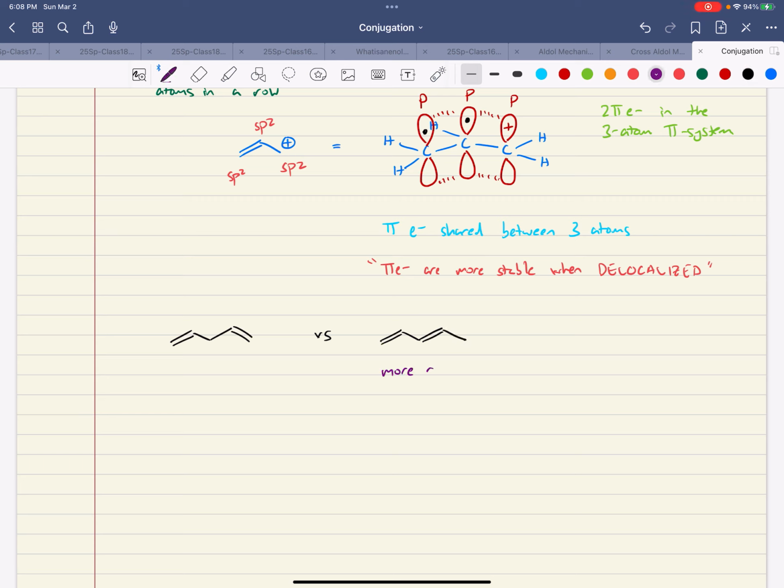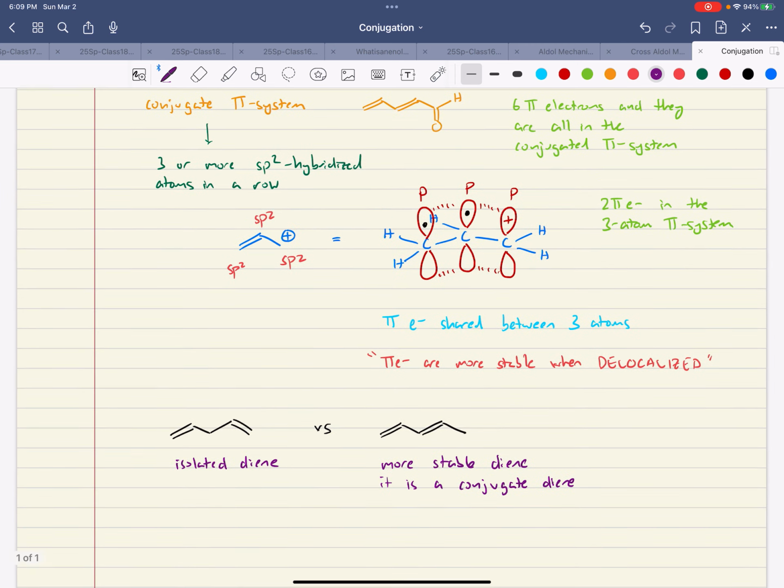This is the more stable diene, and we could call it a conjugated diene. Are you starting to understand the terminology and how to use it? This is a conjugated diene, while this on the left is a non-conjugated or isolated diene. Okay, a few good examples.